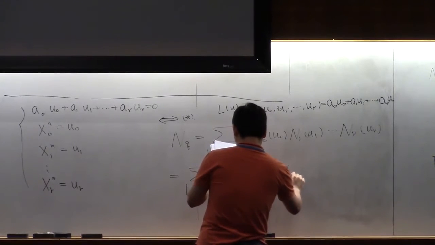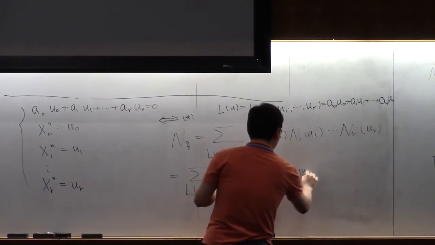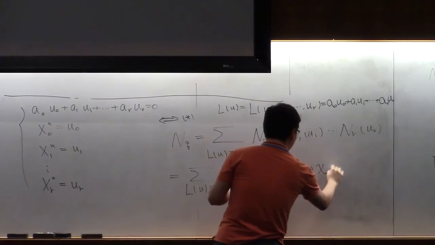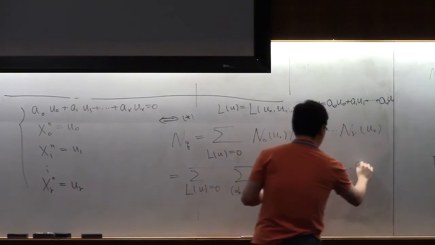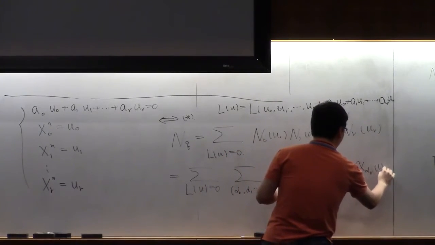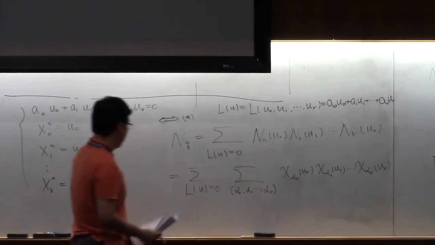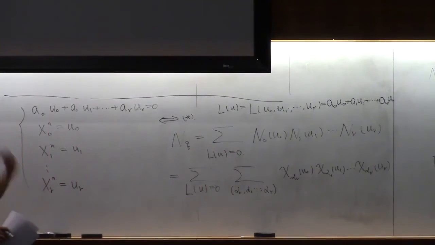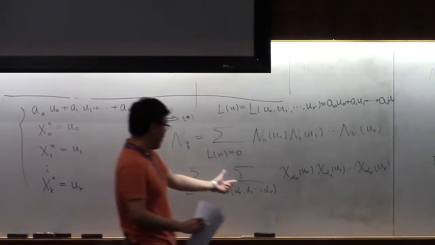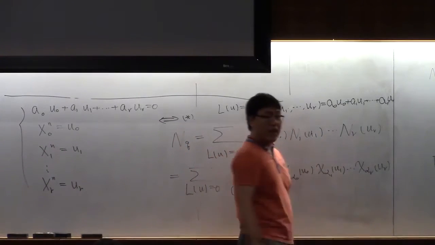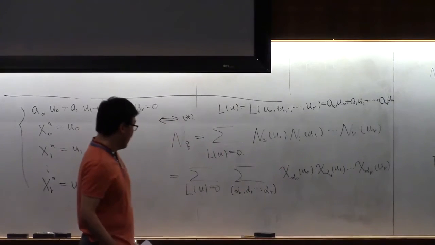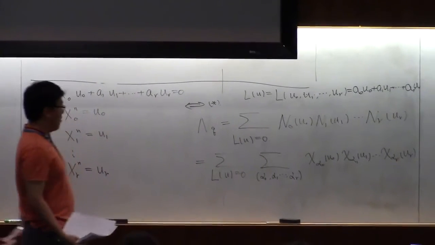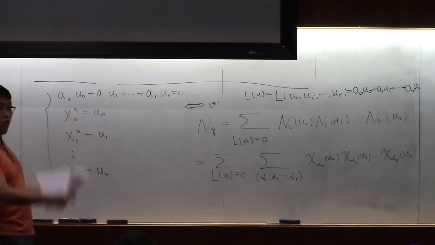Then we have chi alpha 0, u0, chi alpha 1, u1, chi alpha r. So the number of solutions of the original homogeneous polynomial becomes the sum of the product of these characters. So it seems we make the number more and more complicated.